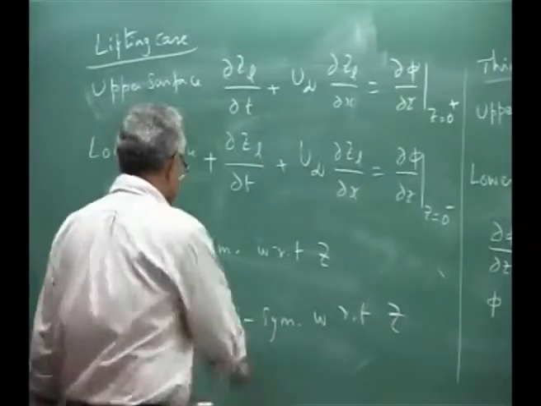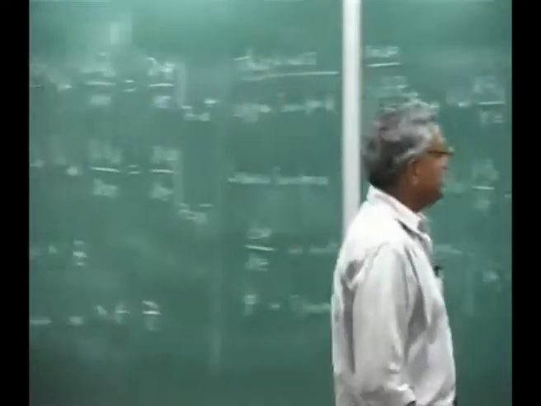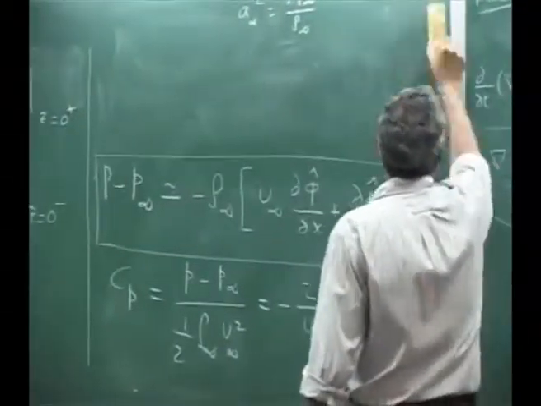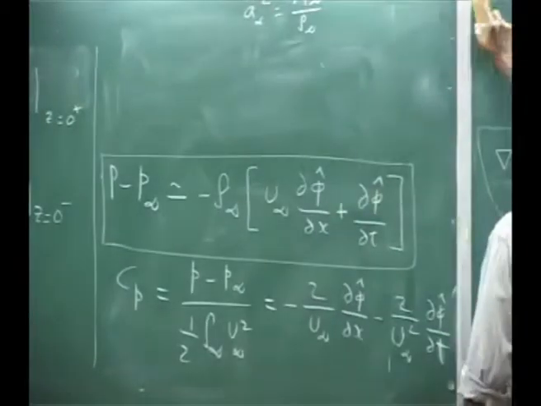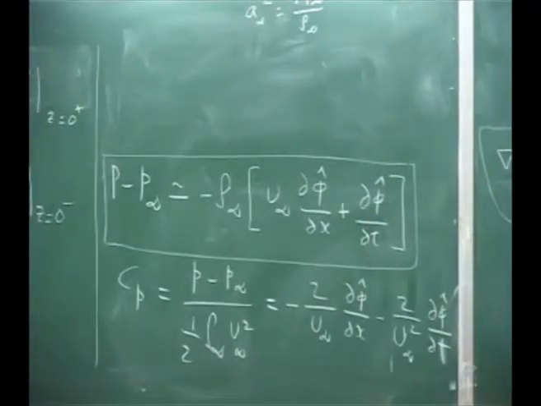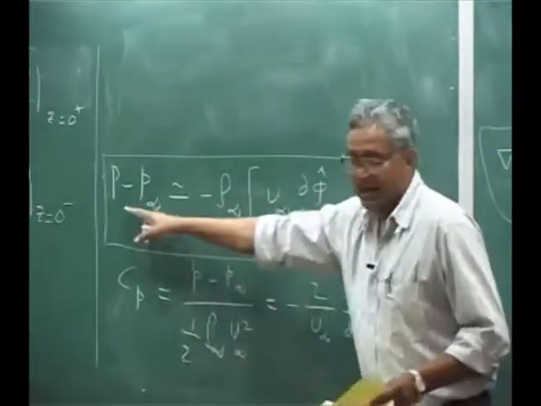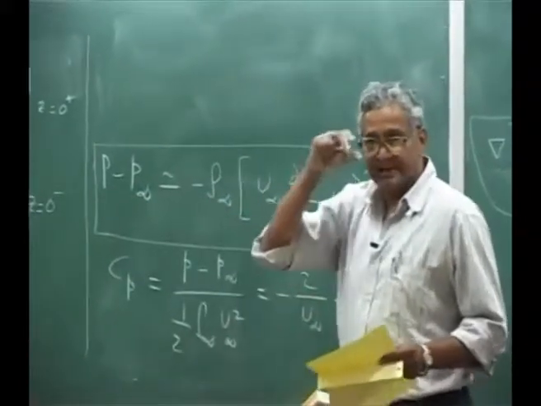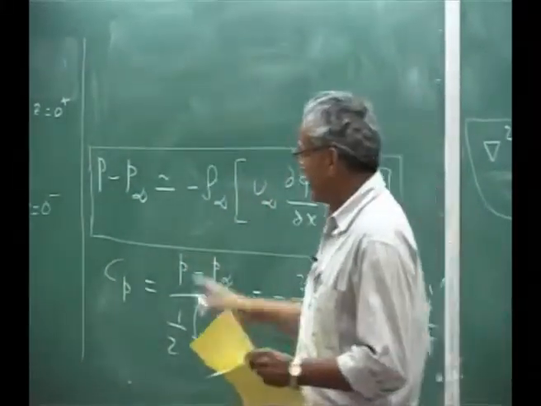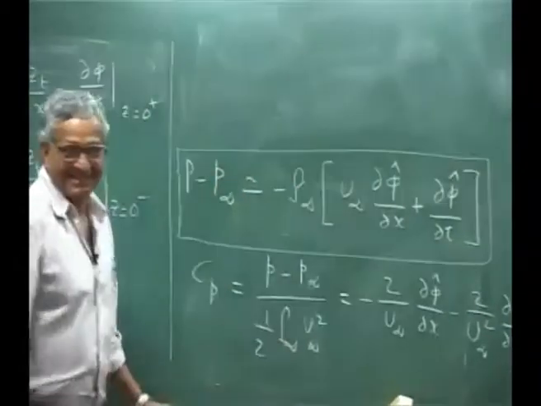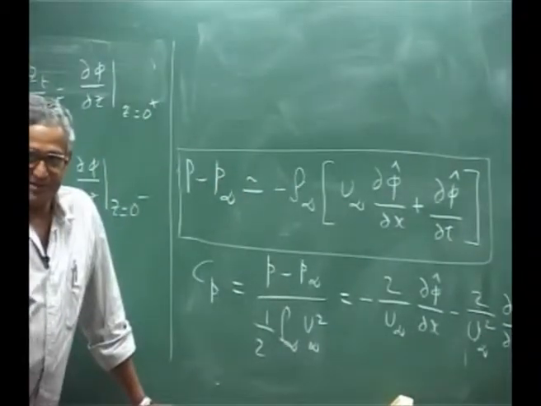If phi is anti-symmetric with respect to Z, I can write my pressure. Because this is the upper surface, lower surface I can take. Upper surface means Pu minus P infinity, I will get one value.